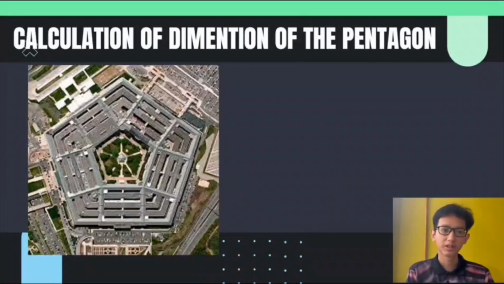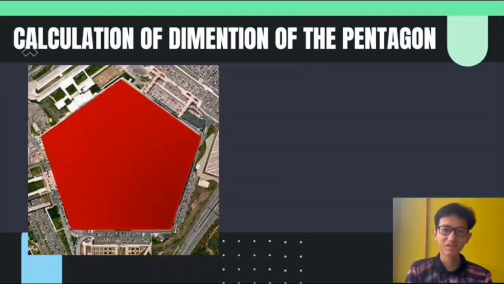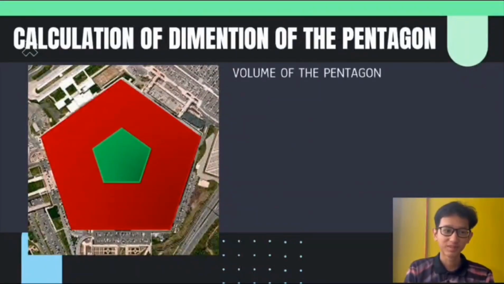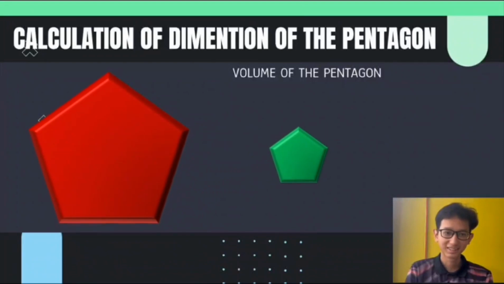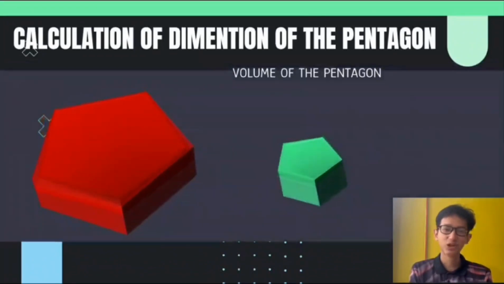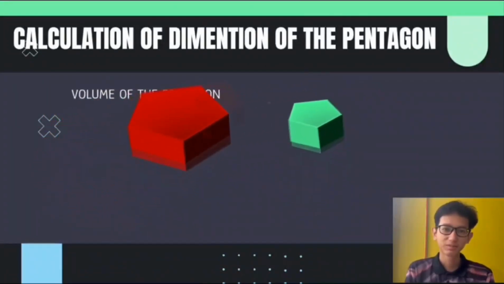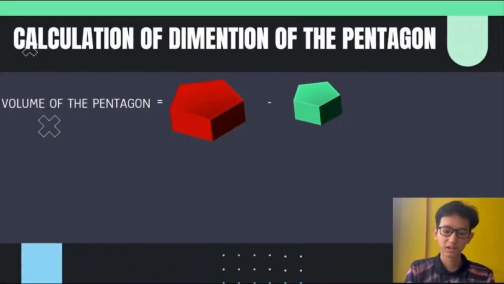I will explain the calculation of the volume of the pentagon. First of all, we take the larger area and then we divide it by the smaller area to get the middle value.